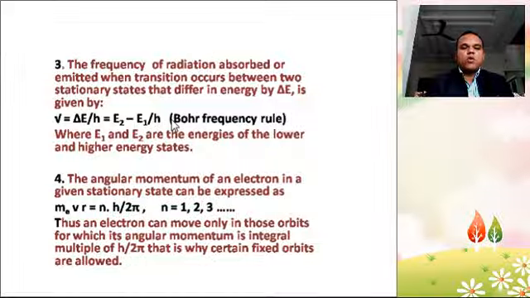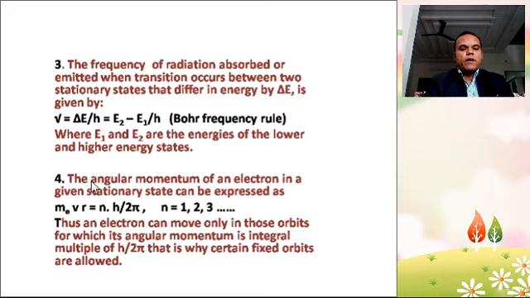This equation is called Bohr frequency rule, where E1 and E2 are the energies of the lower and higher energy states. As it is clear from the equation that the frequency of radiation depends upon the energy gap between two energy states. If the energy gap is higher, the frequency of radiation would be higher.